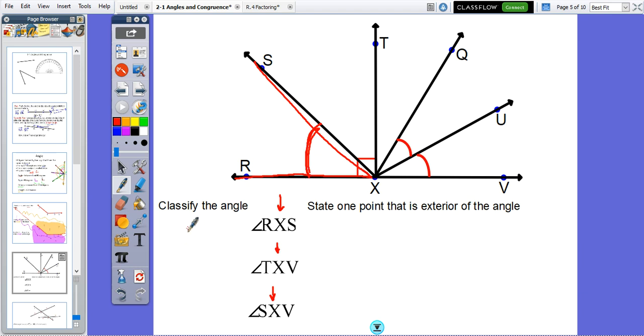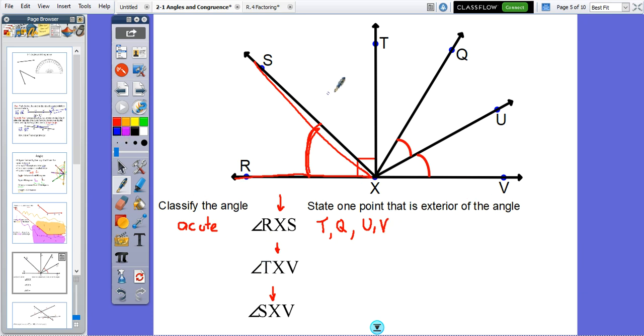So this right here is an acute angle. Now a point that exists outside is every single one of these other points over here. It does not include S, X, or R. They lie on the angle. So for our exterior points, if you said T or Q or U or V, those are your points.